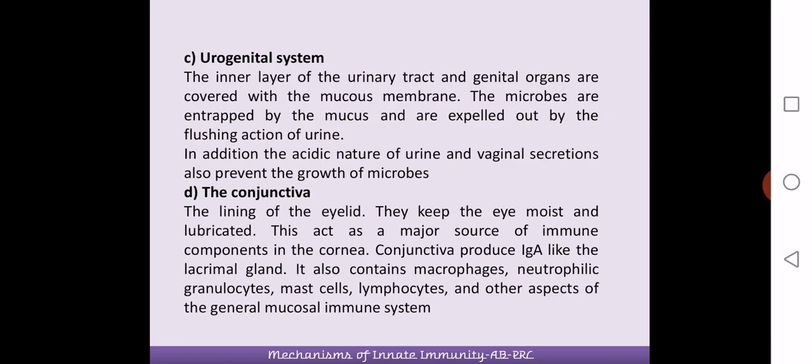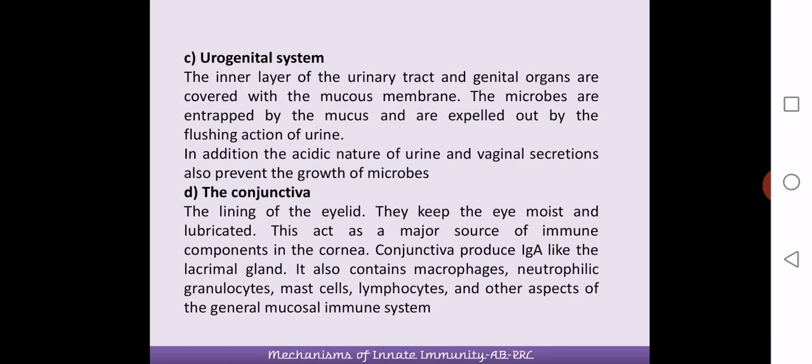In the urogenital system, the mucus and other secretions provide protection, and the flushing action of urine will ultimately eliminate organisms, and the secretion of various substances will provide unfavorable conditions also, especially in the vagina. There are various secretions which are highly acidic, and that's unfavorable for growth.